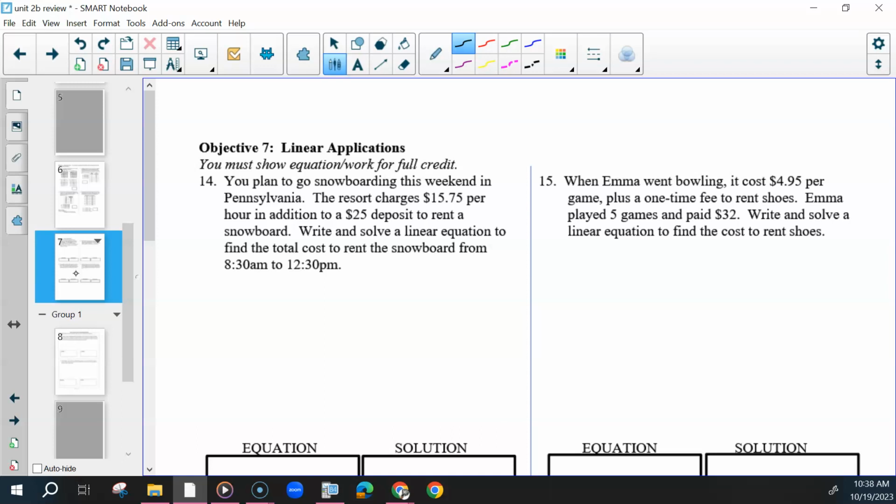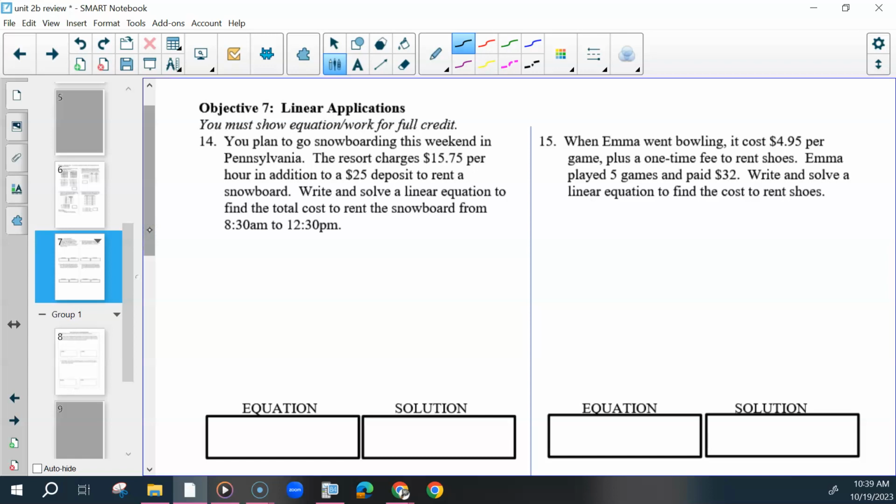Where you'll be either given m and b and have to solve for y or x. 1 you may need to solve for b. 1 you may need to find the slope first and then solve for b. And then 1 you're comparing 2 different things. We may have time to do 1 of these before lunch. We could do possibly 1 when we get back. Are there any we want to see right now? This one? 15. Okay.